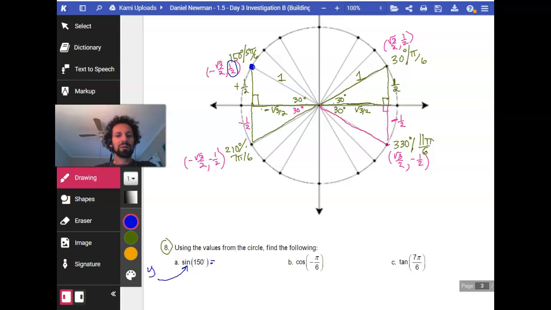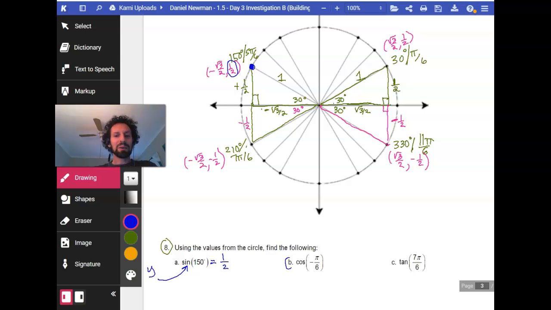So it's 1/2. It's also the opposite side to the reference angle. That opposite side's length is 1/2 unit long because the hypotenuse was 1 unit long. So the key is that we want to use the y-coordinate for the angle when we're dealing with sine.